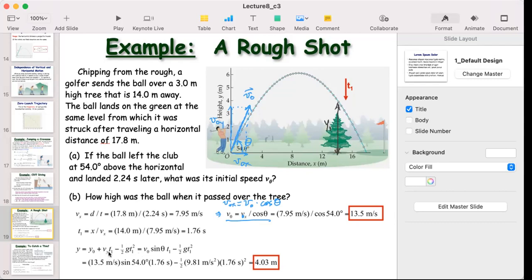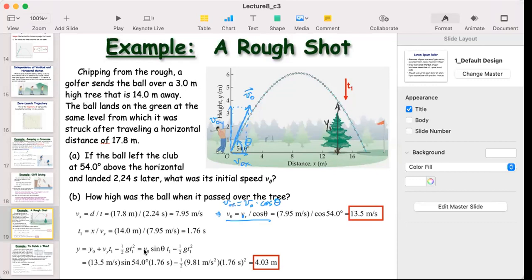Then vy t1 is v naught sine of theta multiplied by t1, where v naught sine theta is the component of v along y, minus 1/2 g t1 squared.